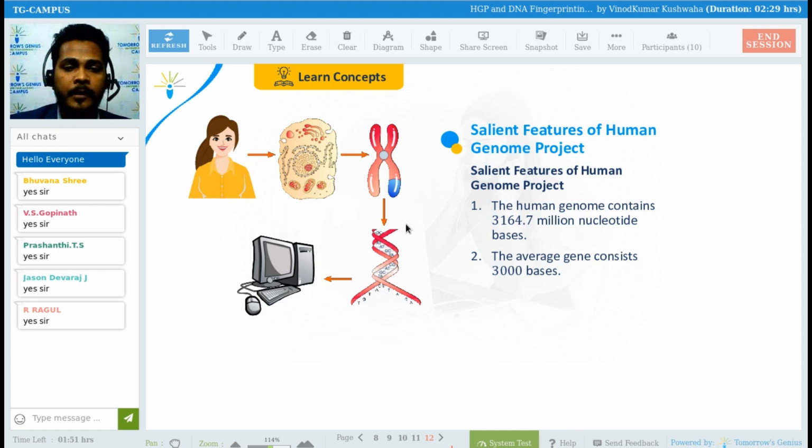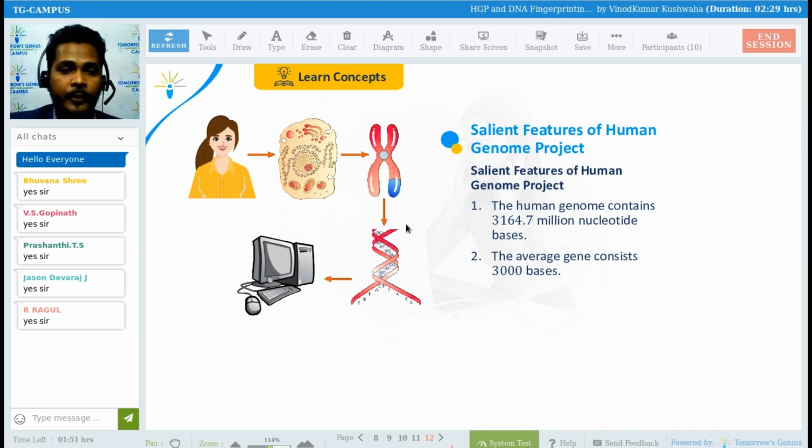Okay. Well, now let's talk about the methodology, or salient features, of the Human Genome Project. What are the salient features of the Human Genome Project?